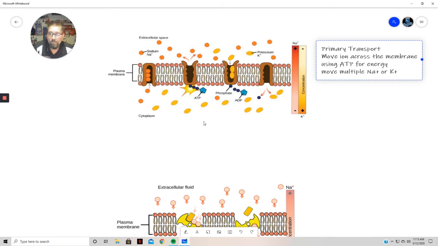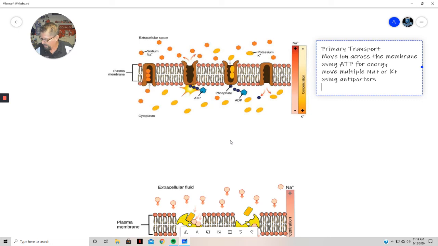So it's not one-to-one, and so we're talking antiporters here. We're moving things in opposite directions. Some are going in, some are going out, and it makes for a pretty efficient process.